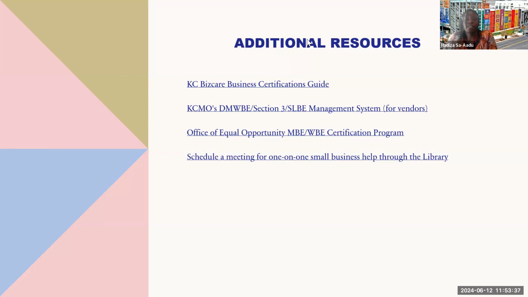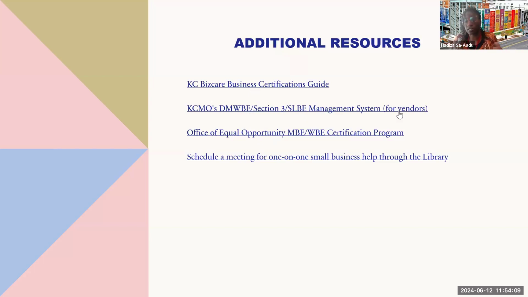Provided here is the business certifications guide. This is to help you understand what you need to have in place to get specific business certification so that you can do business with local government. Underneath that, we've got a link to Kansas City, Missouri's disadvantaged, minority, women, small business or business enterprise, Section 3 SLBE management system.